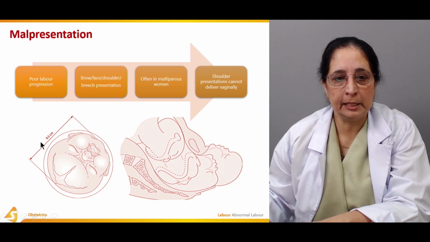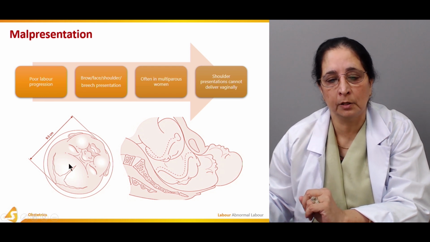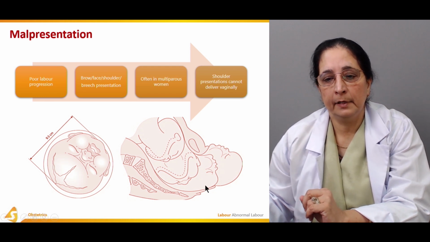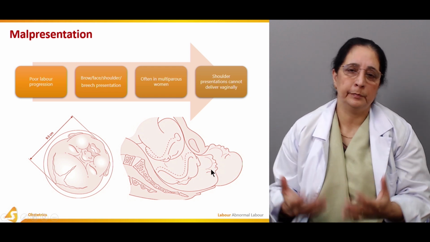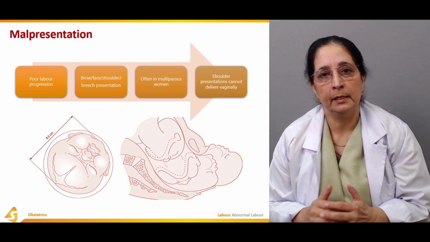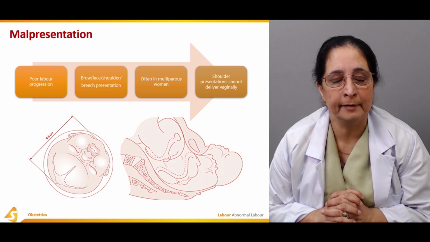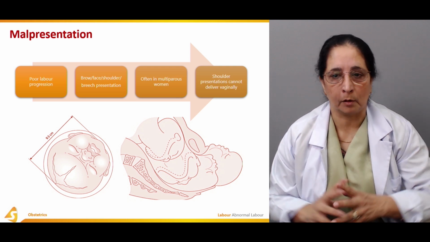So all these presentations are malpresentations: brow or forehead presentation, and face presentation. If there is shoulder or breech presentation, all these can have problems in normal vaginal delivery, especially shoulder presentation, which should not be delivered normally.